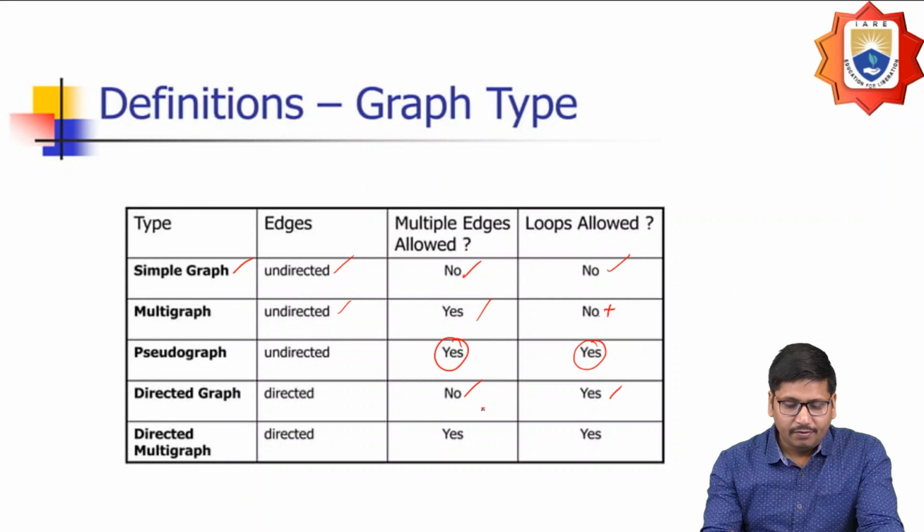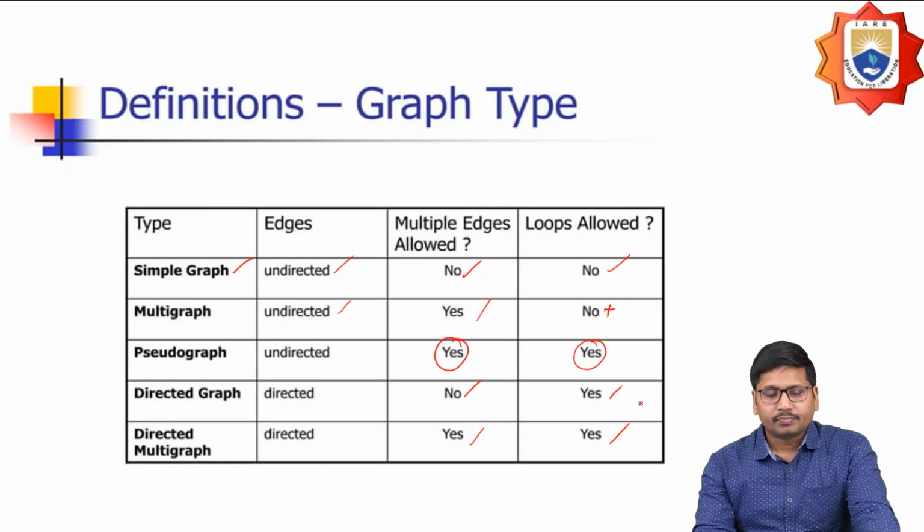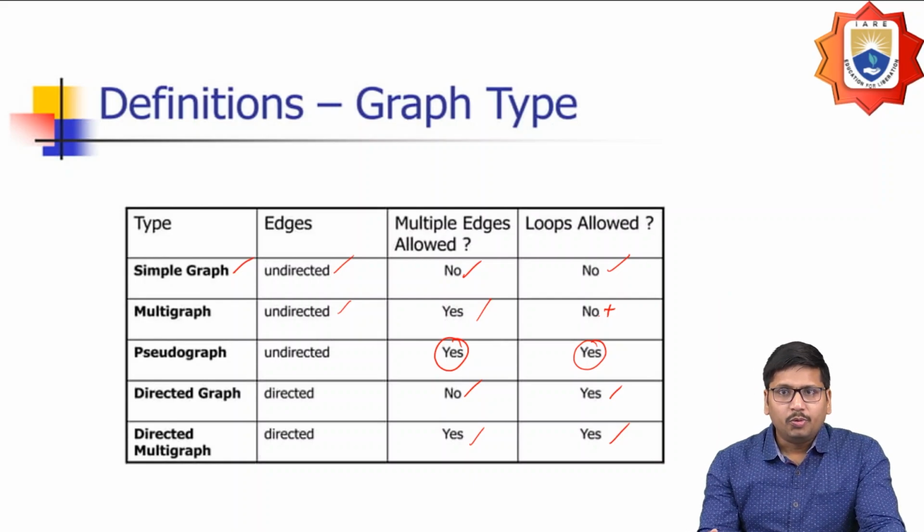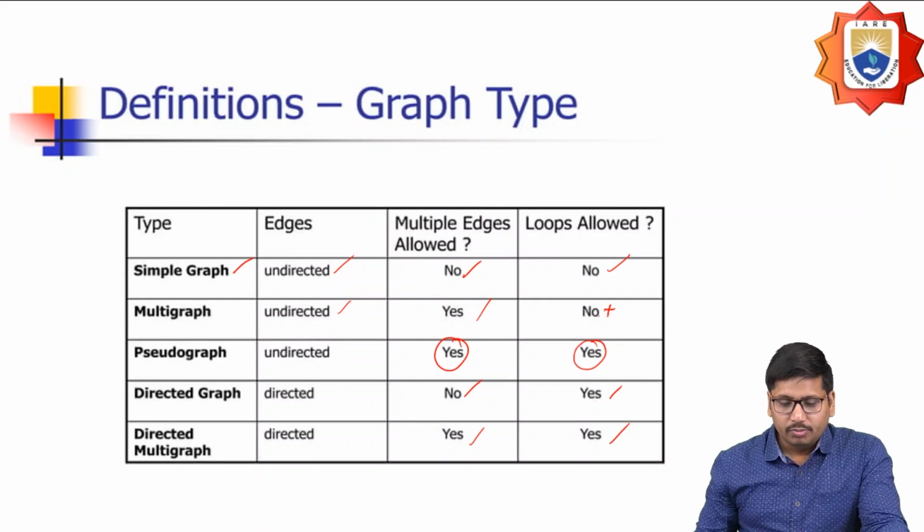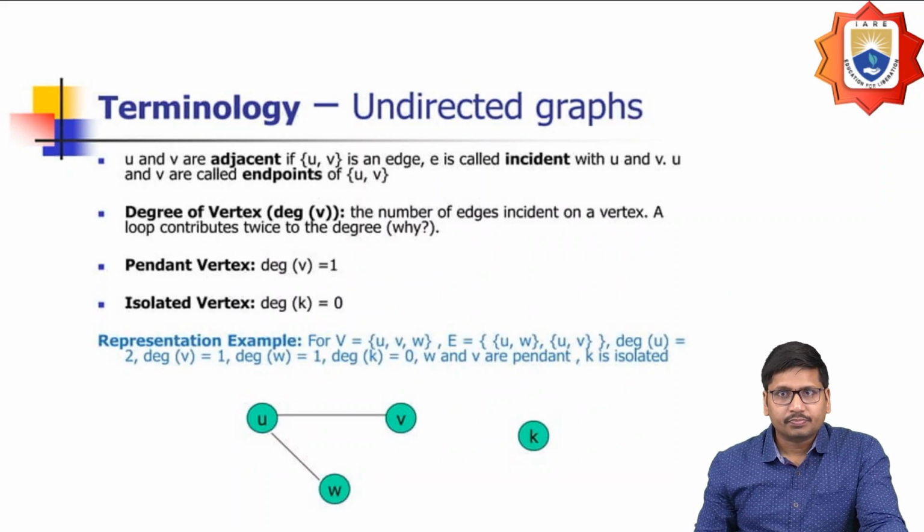And in a directed multigraph, you can allow multiple edges and loops. Like this, we can make a comparison between the different types of graphs. So the simple graph maintains only simple edges, the multigraph allows multiple edges, the pseudograph allows both multiple edges and loops, the directed graph allows only loops, and the directed multigraph allows both multiple edges and loops.